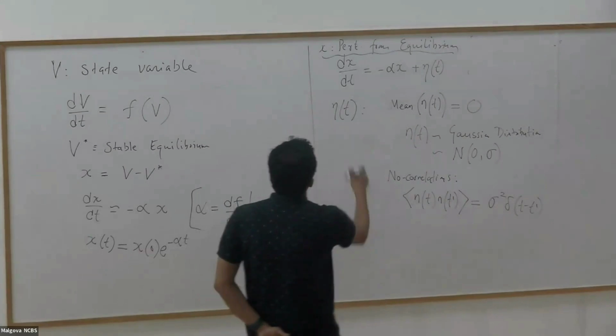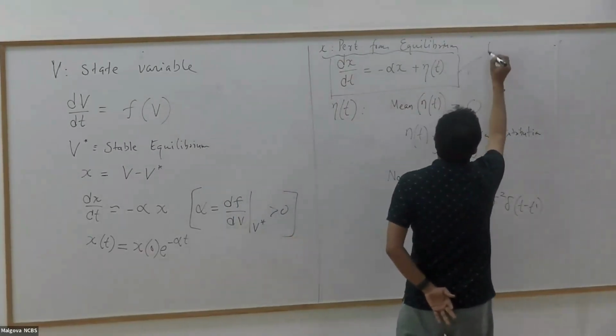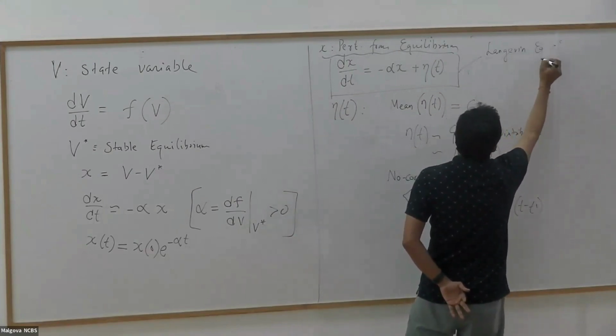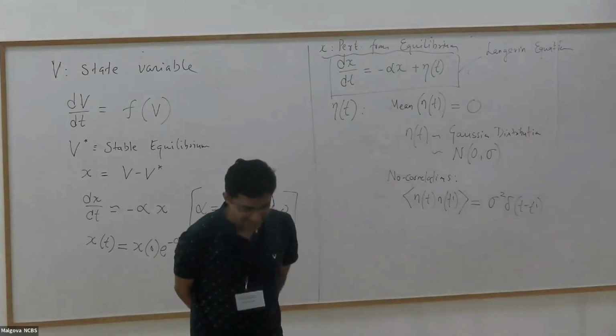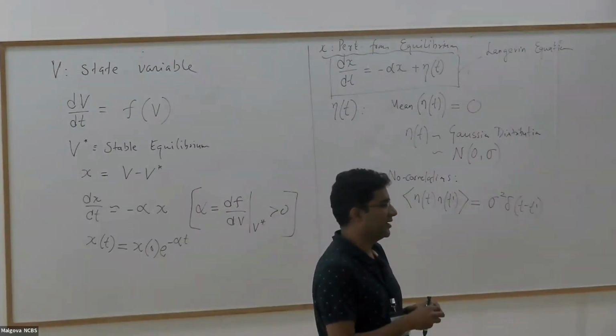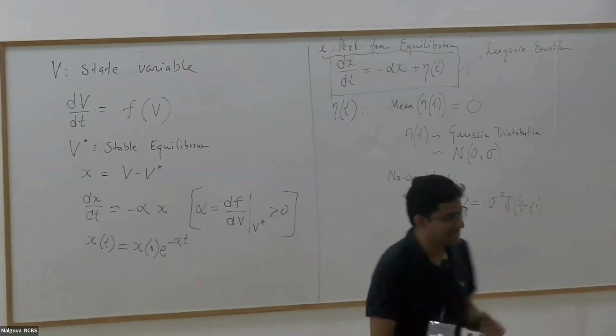So when we write down an equation of this form, these often go by the name Langevin equation in physics. The Langevin equation is basically a general term that people use to say how a dynamical variable is influenced by stochasticity.